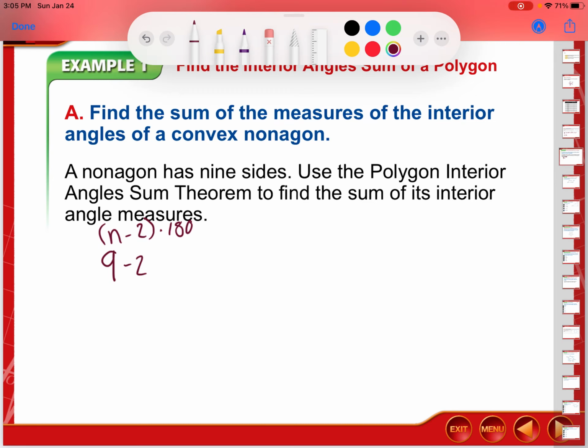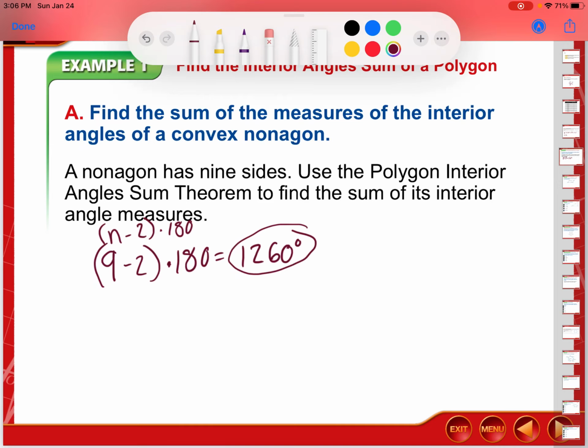So 9 minus 2 times 180 equals 1260 degrees. Okay, perfect. So this is the sum of the interior angles of our convex nonagon.